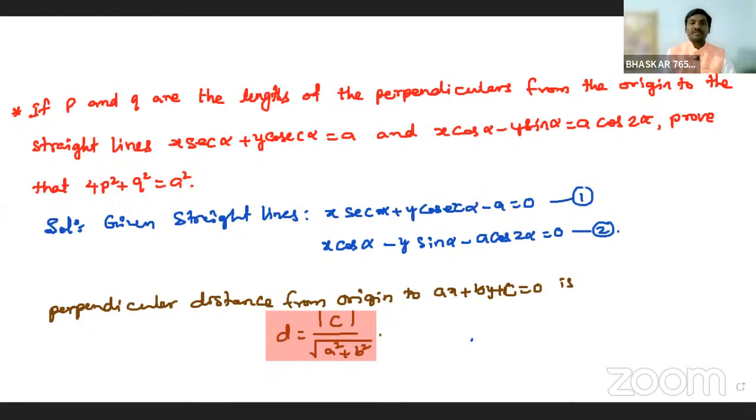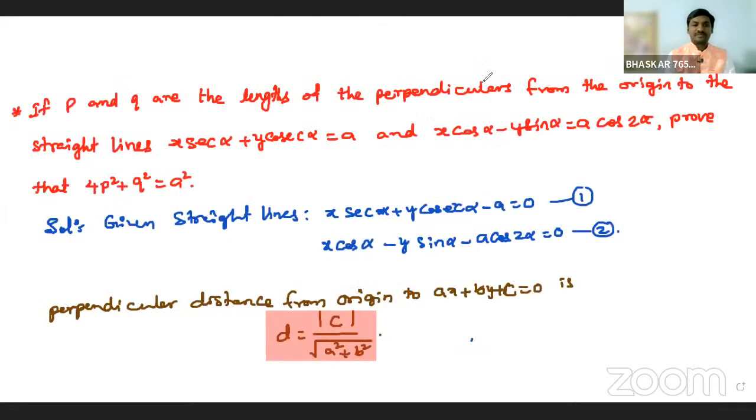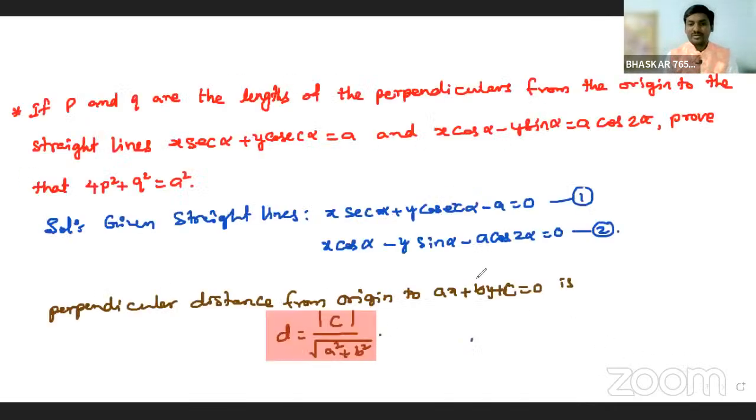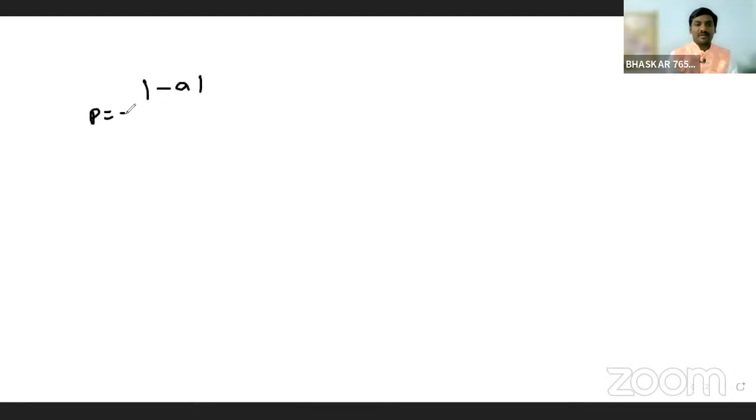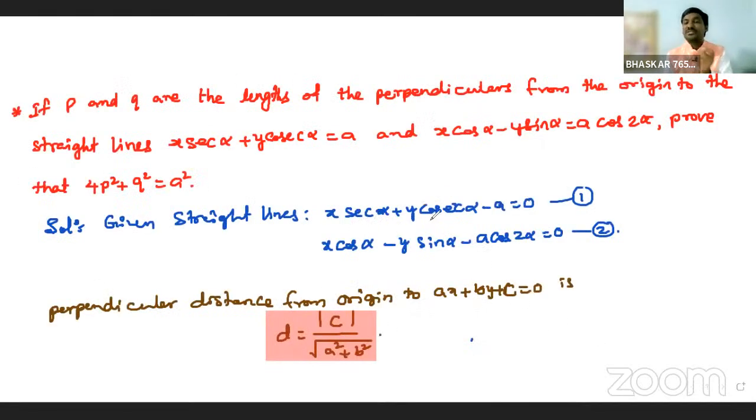Given that p is the length of the perpendicular from the origin to the first line, we do it on the next page. Here p is equal to, the constant value is minus a, so write mod of minus a divided by under root of the x coefficient square plus the y coefficient square.